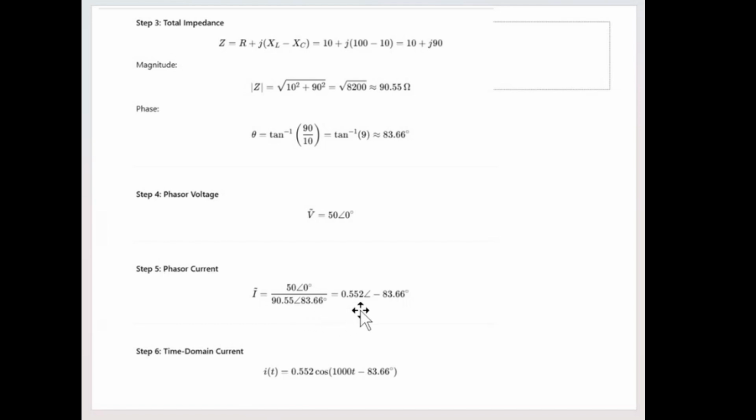That will reduce to 0.552 with angle of minus 83.66. Then from there, we can write down the time domain function as 0.552 cosine of 1000 t minus the phase angle of 83.66, where again, the same frequency that we had for the voltage, we should have for the current as well.